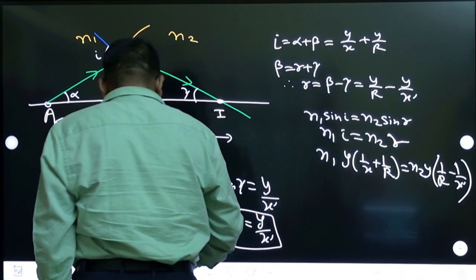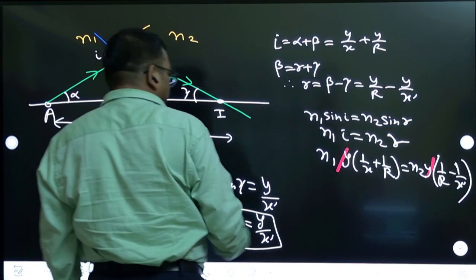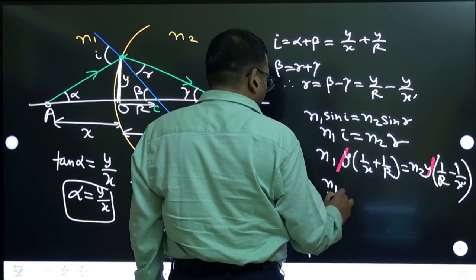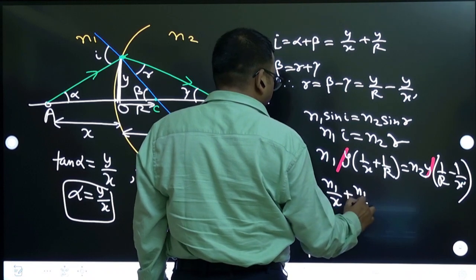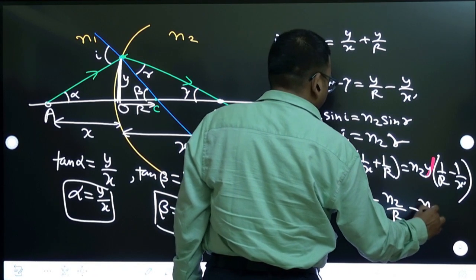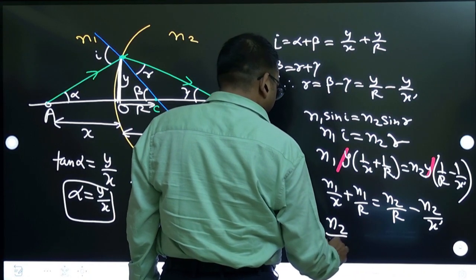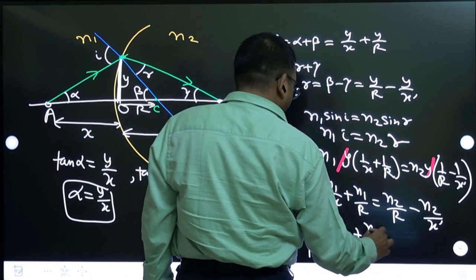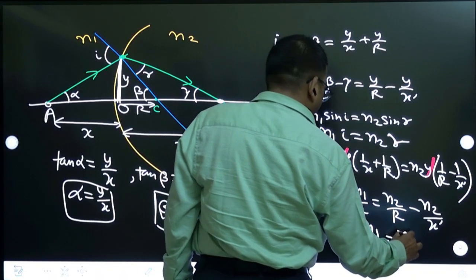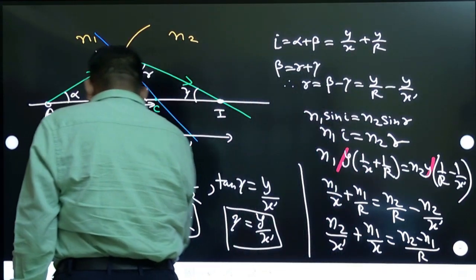Y is going to get cancelled here. Now let us open and check what we get. N1 by x plus n1 by r is n2 by r minus n2 by x dash. So we are getting n2 by x dash plus n1 by x is equal to n2 minus n1 by r.